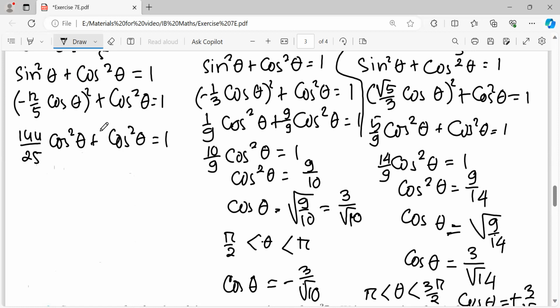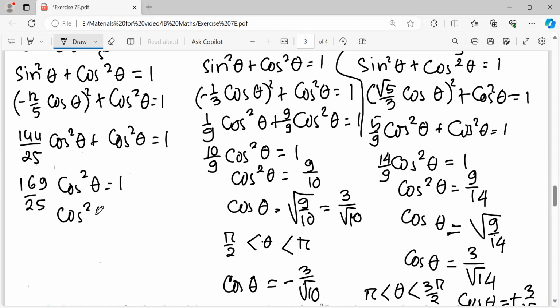Actually, this is 25 over 25. 144 plus 25 equals 169 over 25, cosine squared theta equals 1.